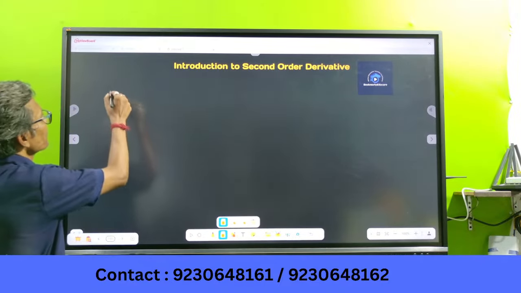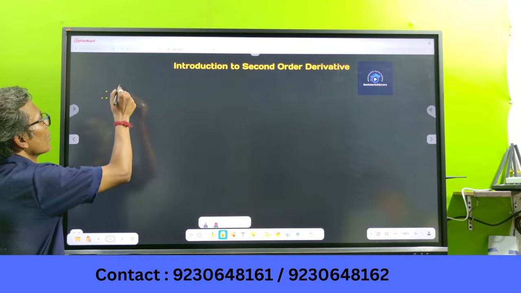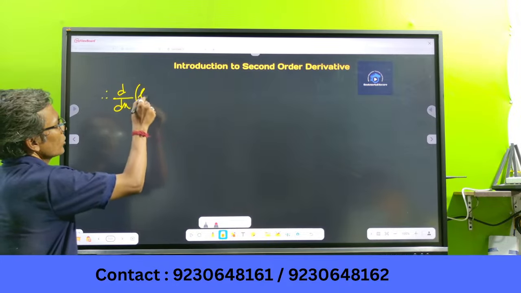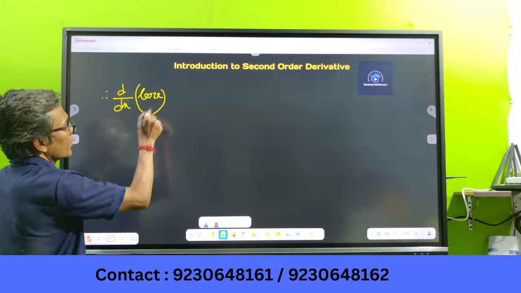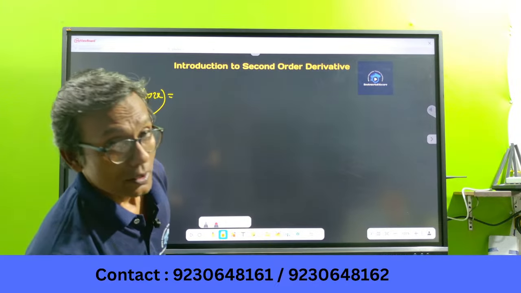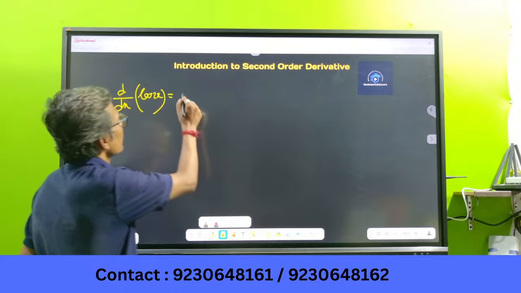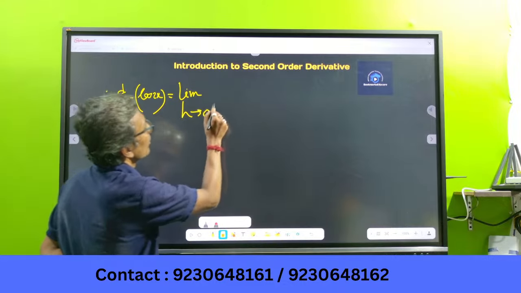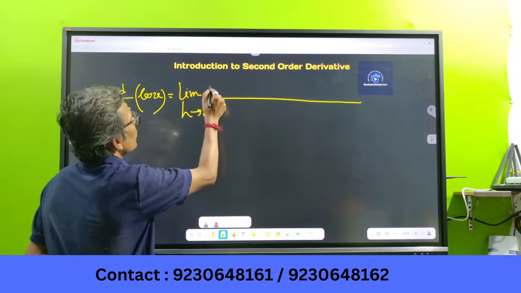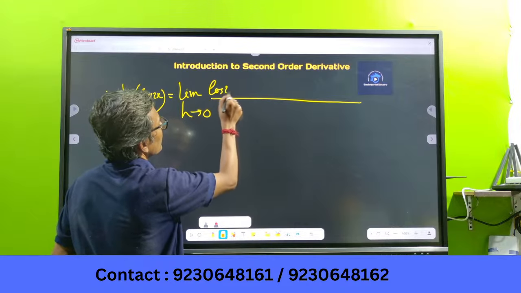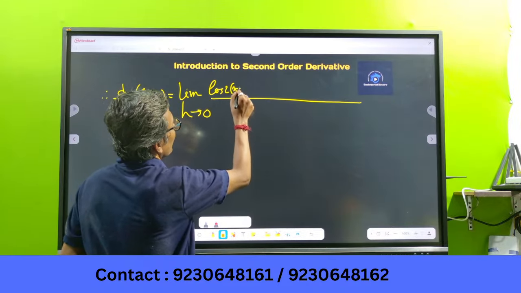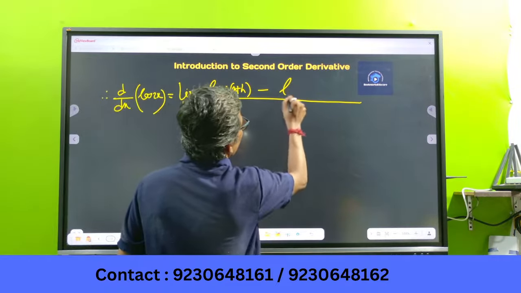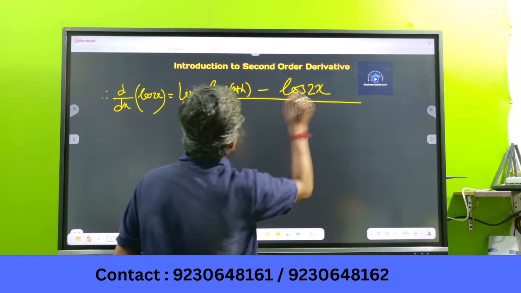So d/dx of cos 2x. I am applying the first principle of derivative. Limit h tends to 0, cos of 2 into x plus h minus cos 2x by h.